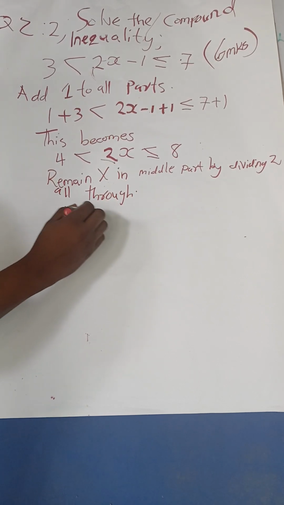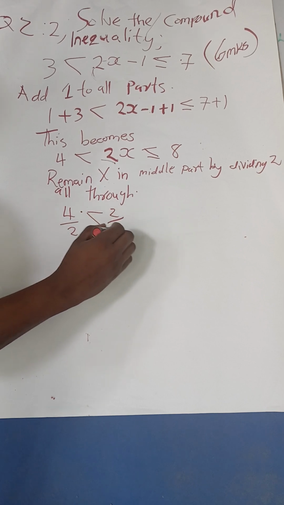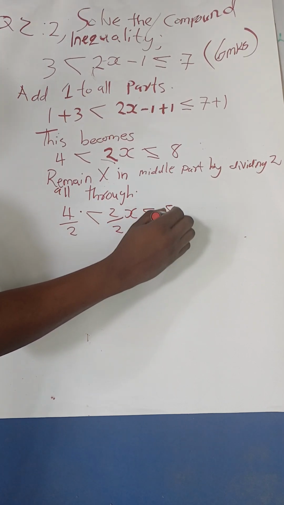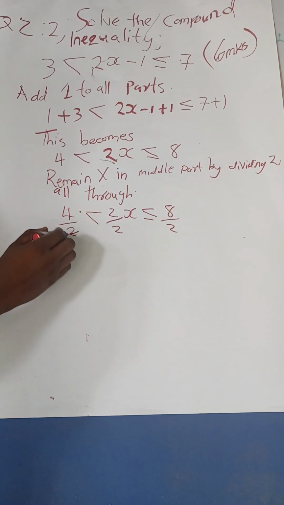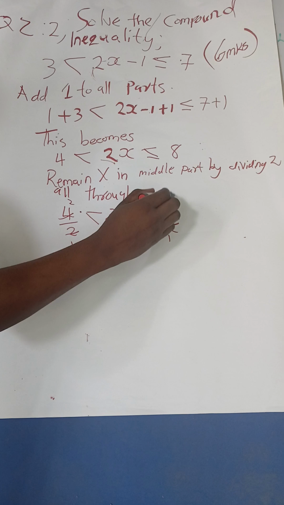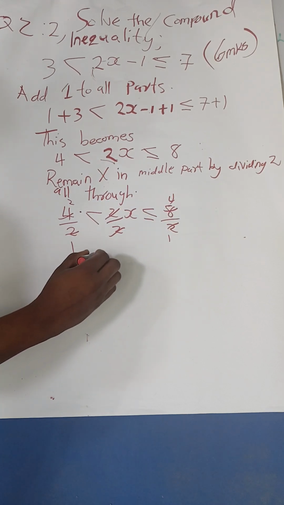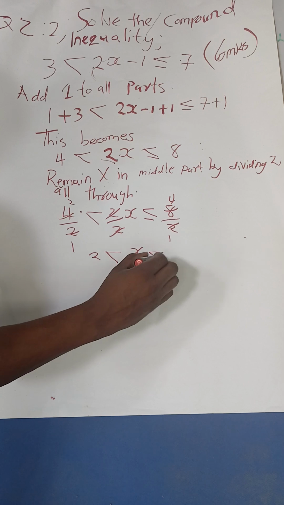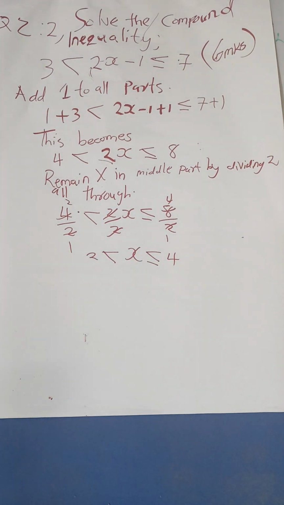Here 2, then 2. So here it will be 1, here 2, and here it will be 4. So I will have 2 less than x less than or equal to 4. Good. So you see, this becomes our answer.